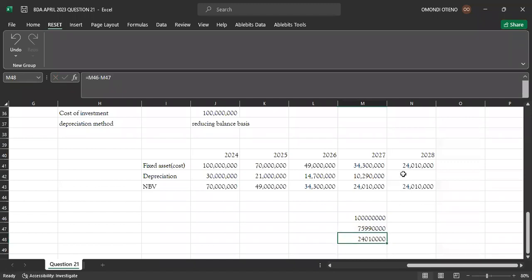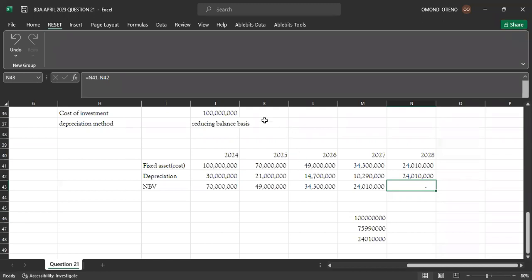So this 24,010 is what we could have inserted here, to be the depreciation, so that the net book value at the end of the lifespan of this asset is 0. The examiner has not mentioned that the lifespan of the asset is 5 years.